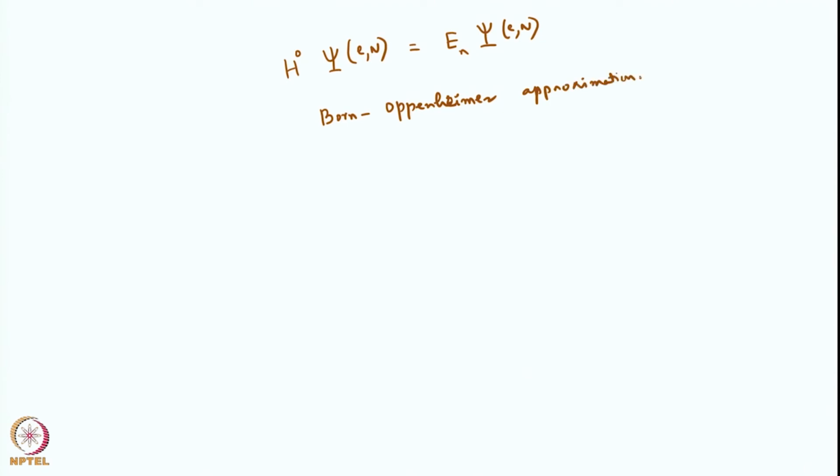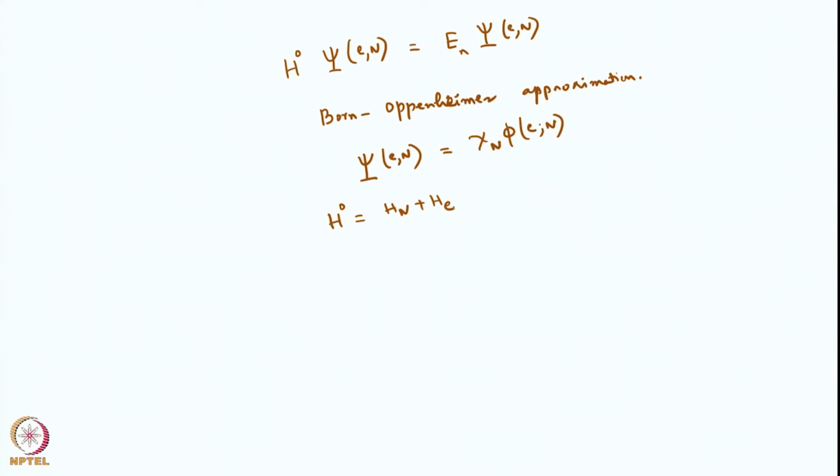This approximation says that the total wave function psi of electrons and nucleus can be separated as chi of nucleus and phi of electrons parametrically dependent on nuclei, and the total Hamiltonian H naught can be written as H nuclei plus H electrons.